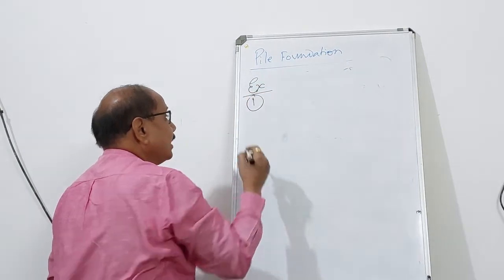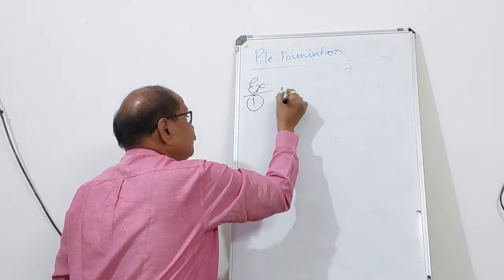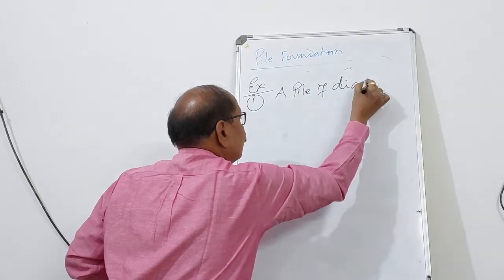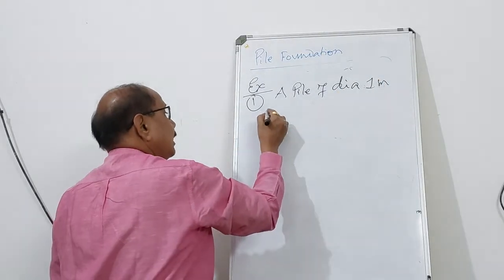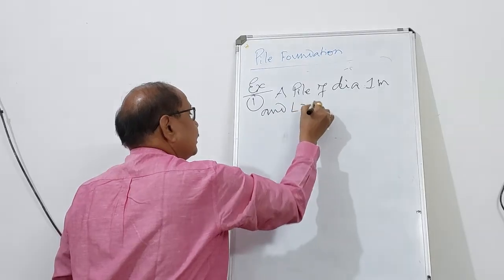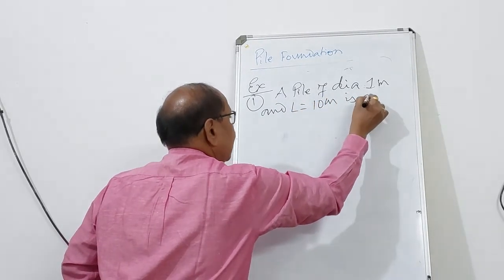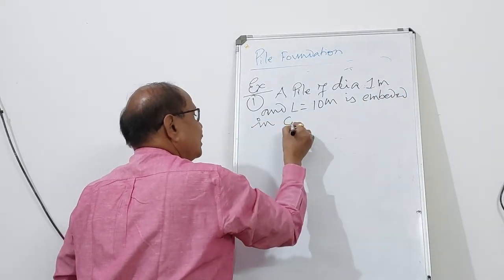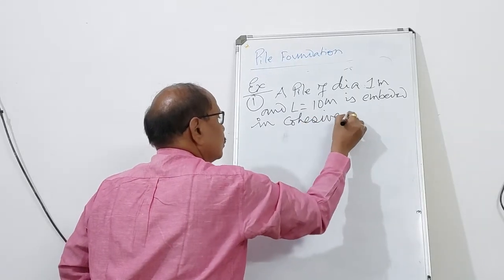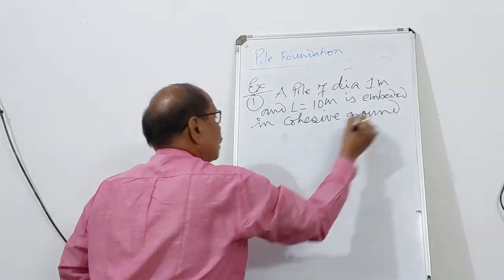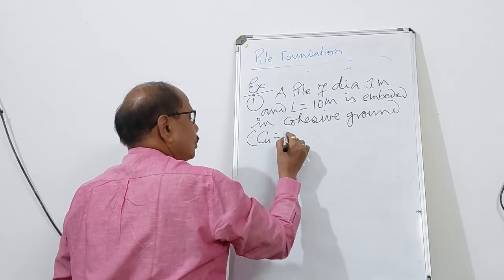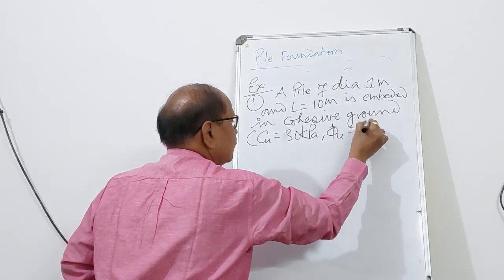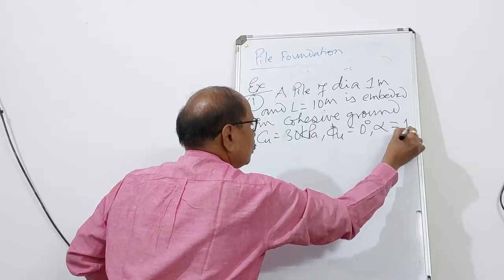Let's call it example A. A pile of diameter 1 meter and length 10 meter is embedded in cohesive ground, having Cu equal to 30 kilopascal, phi u equal to 0 degree, alpha equal to 1.